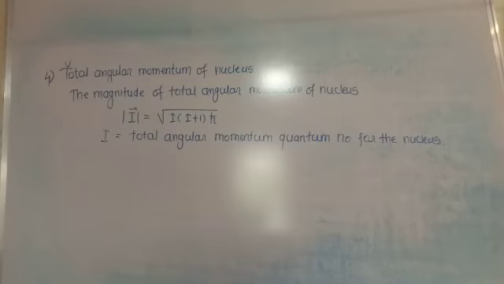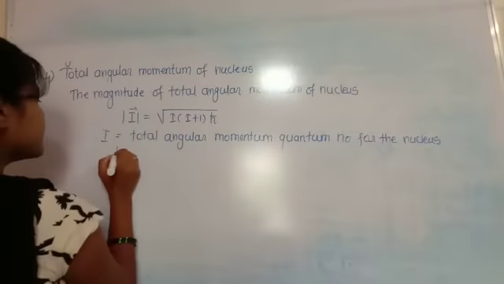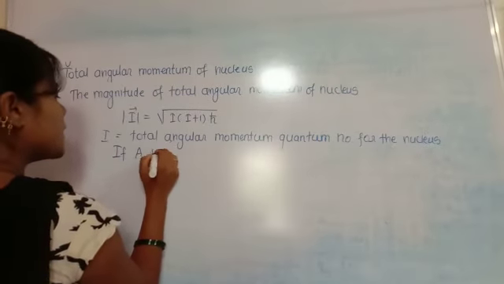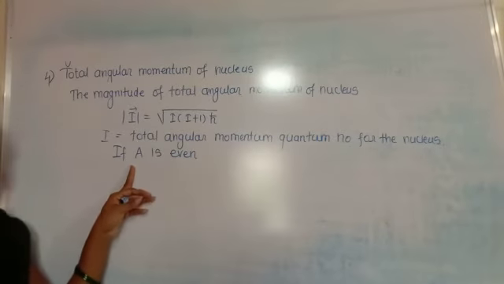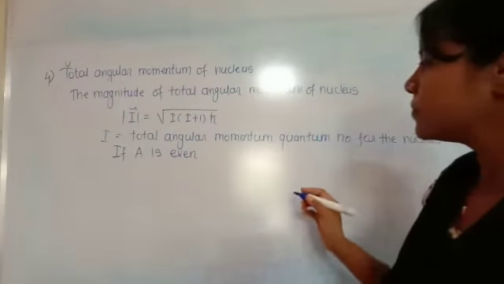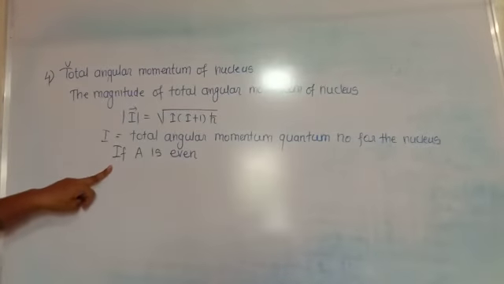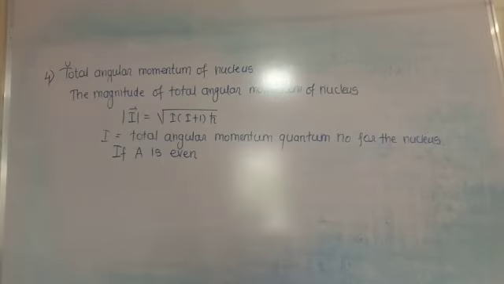I, generally called the nuclear spin, is an integral multiple of h cross, or h by 2 pi, if A is even, where A means the mass number of the atom.